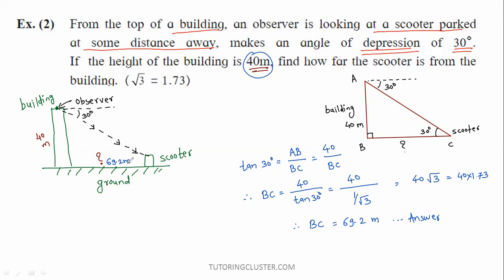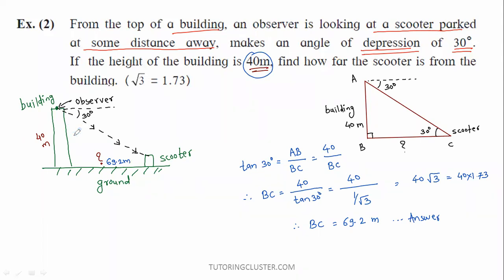Okay, so in the first example, we talked about angle of elevation. In this example, we talked about angle of depression. Now, the question is why I have not taken this angle as 30 degree.